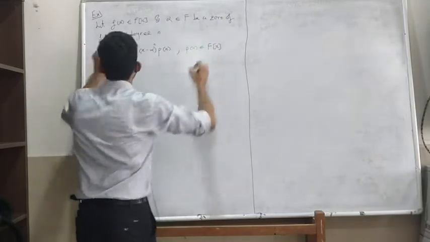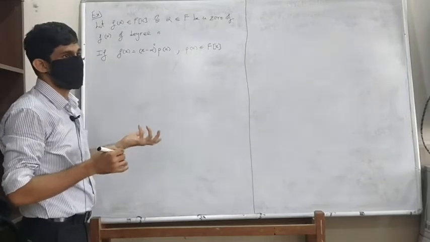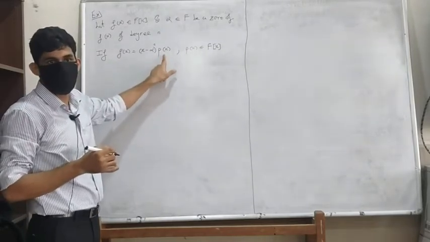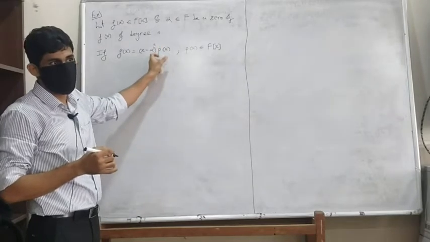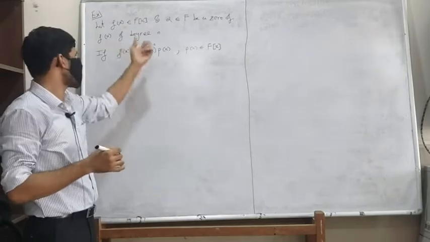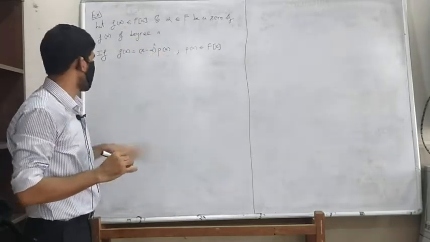Since this is a zero of degree n, p of alpha will be non-zero, because if p of alpha is 0, then x minus alpha divides p, and combining this, x minus alpha raised to n plus 1 divides f of x. So that's not possible. Therefore p of alpha is non-zero.